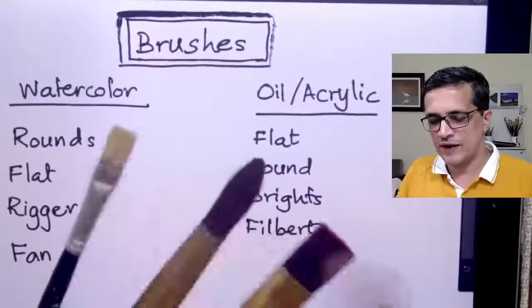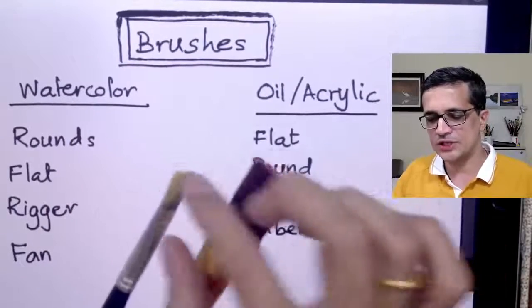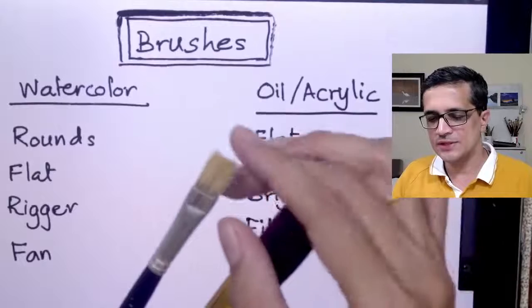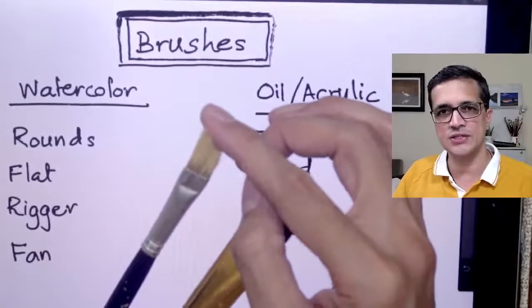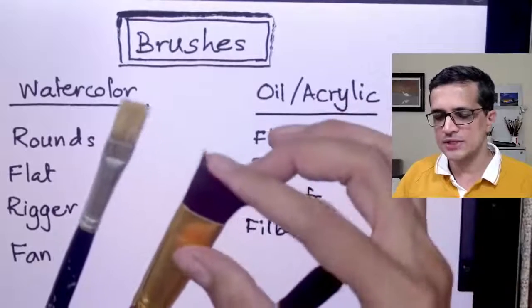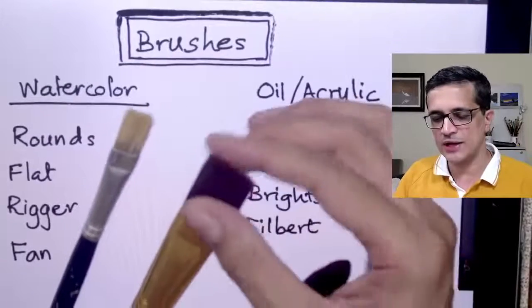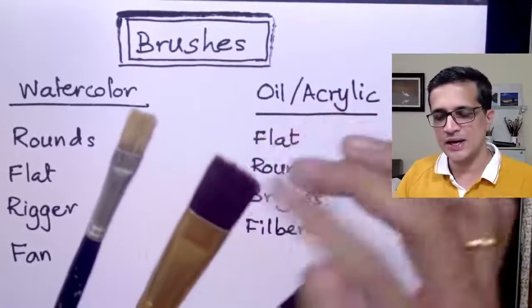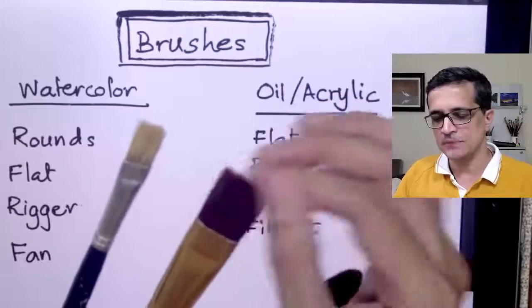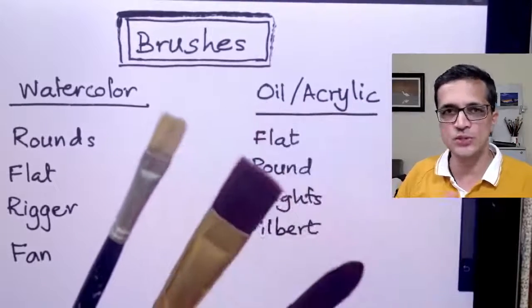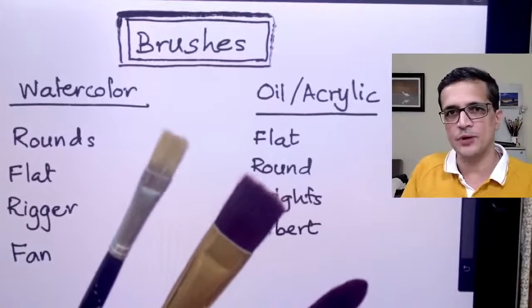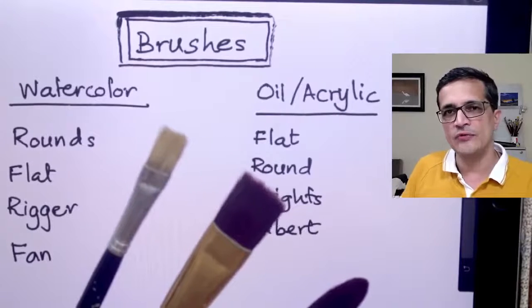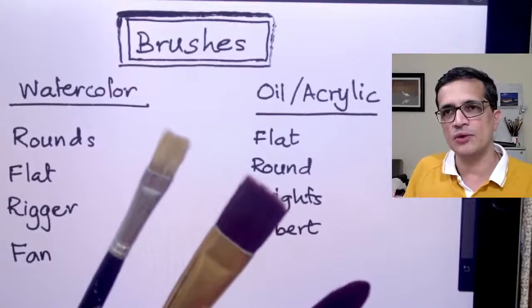These two are flats because of their shape, but the difference is that this is a hog hair brush, a natural hair brush, whereas this has much finer bristles, and these are man-made bristles. Generally I use these hog hair brushes for the first few layers of oil or acrylic painting, wherein I'm not worried about the final look.